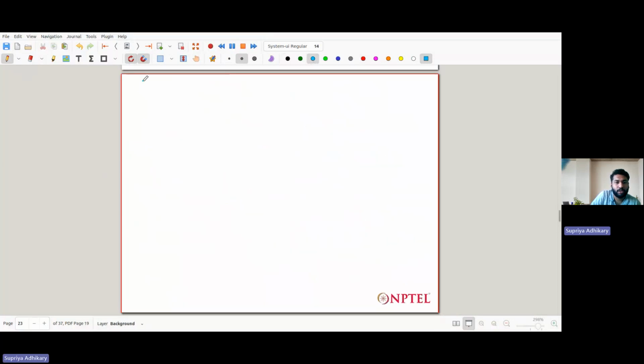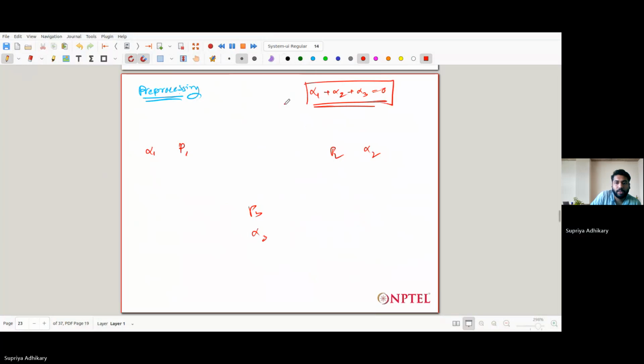So how is the pre-processing done? In the pre-processing phase, the idea is that P1, P2, and P3 would hold some alpha 1, alpha 2, alpha 3, such that alpha 1, alpha 2, alpha 3 sum up to 0. This is the goal. So how can they do it?